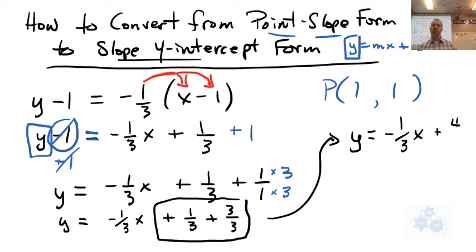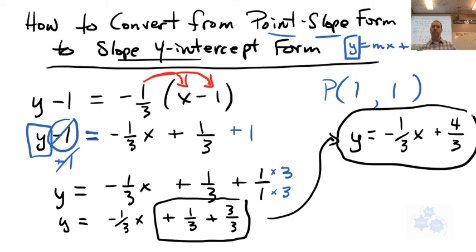Plus 4 over 3. And improper fractions are totally proper in high school. For those of you that remember back to elementary, and the teacher's like, make that a mixed fraction, you don't have to make it a mixed fraction. Improper is fine, as long as it's simplified. And this is simplified. So there's our answer. Does that look good? Any questions about that?